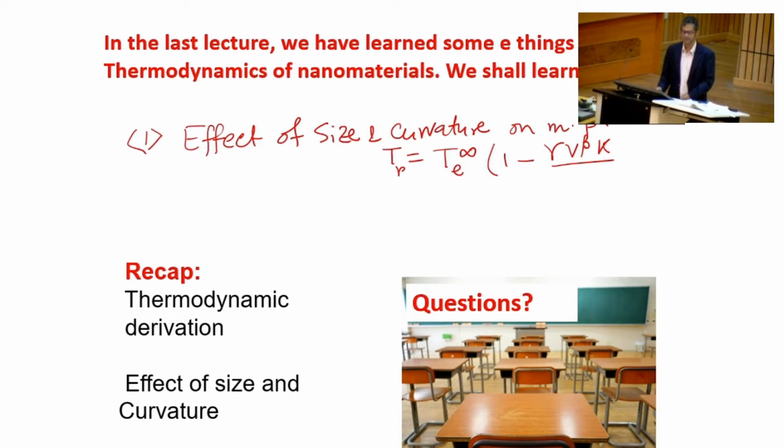Kappa is the curvature, and delta H is the heat of fusion.